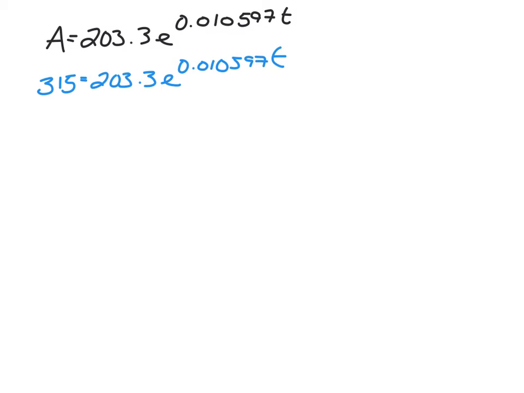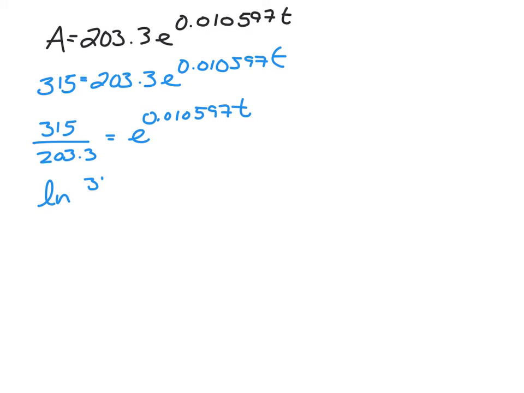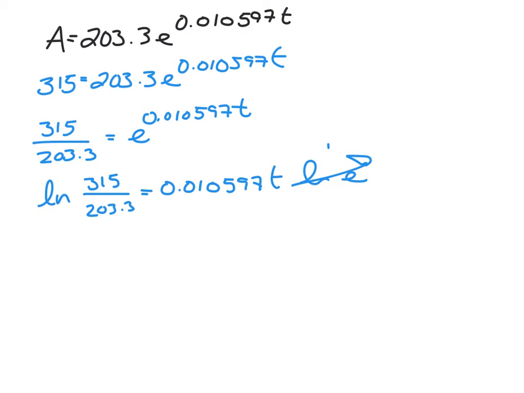The first thing I do is divide by 203.3, which is equal to e to the 0.010597t. Then we take the natural log of both sides again. Hopefully by now you're starting to see the pattern is really the same for just about all of these problems. Remember, the ln of e is just 1, so that goes away.